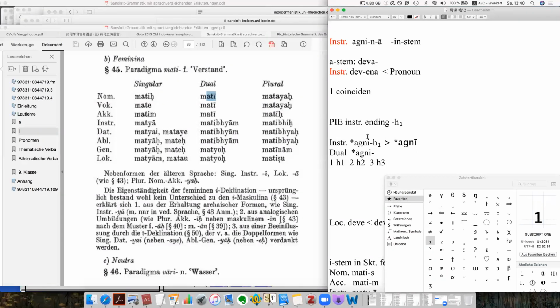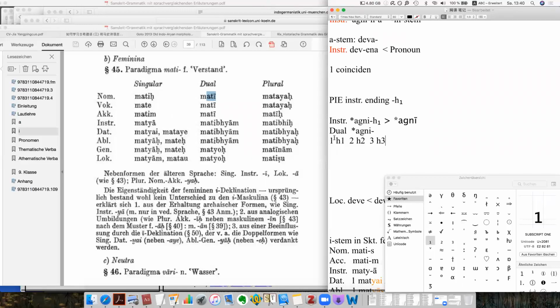What is the dual ending? Is it the first laryngeal, second laryngeal, or third laryngeal? 双数结尾，大家知道是哪一个喉音吗？Okay, second laryngeal, first laryngeal.